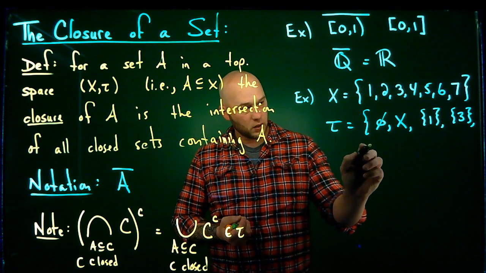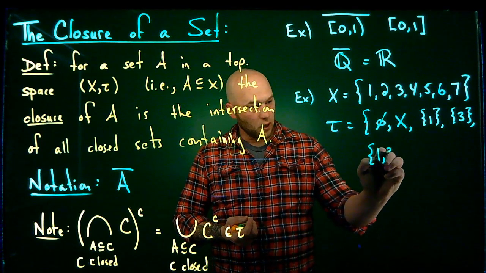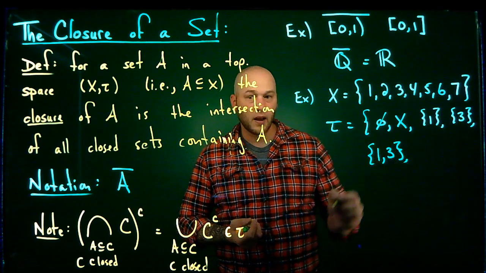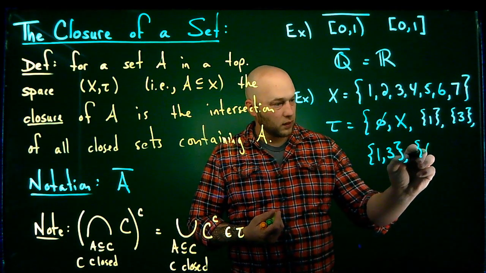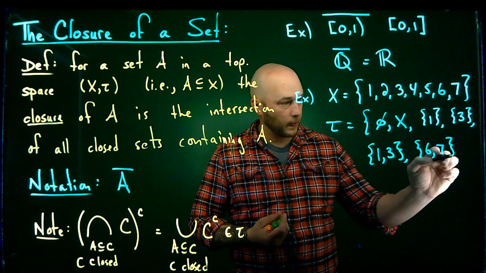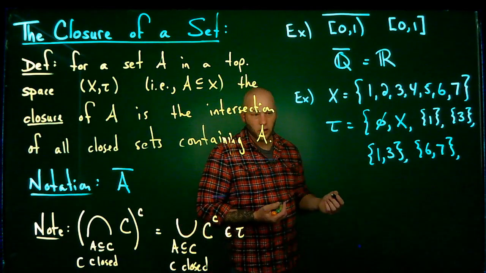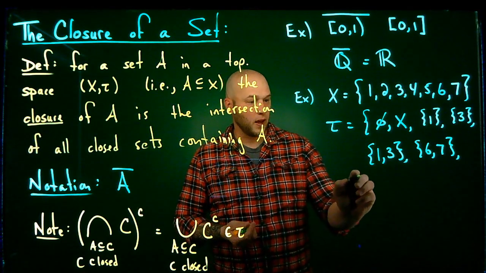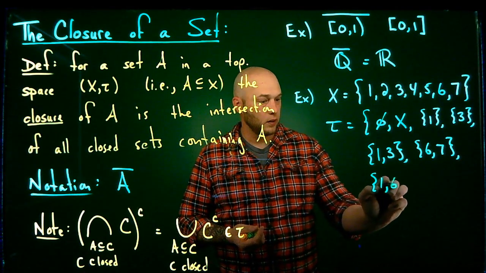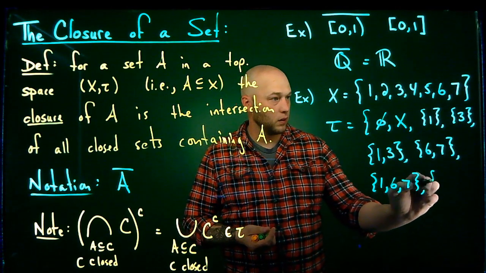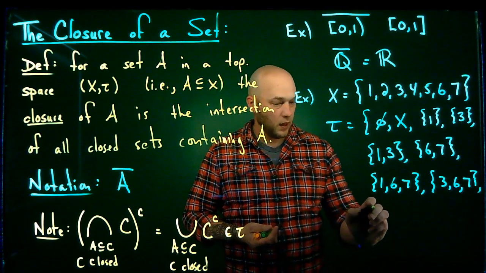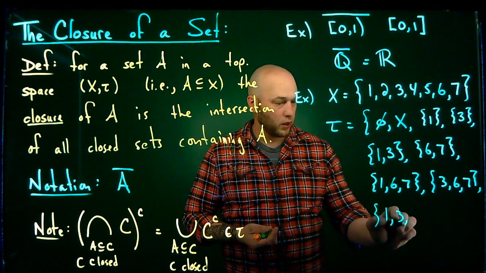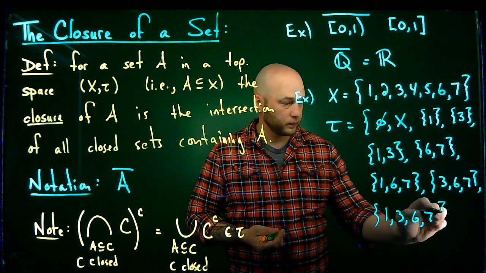Of course, it's closed under union, so it has to have the set {1, 3}. Let's say I've also got the set {6, 7}. And then since it's closed under unions, it would also have to have {1, 6, 7}, along with {3, 6, 7}, and {1, 3, 6, 7}.